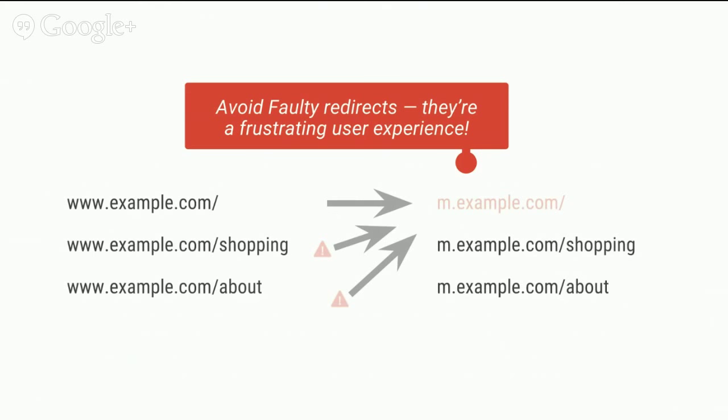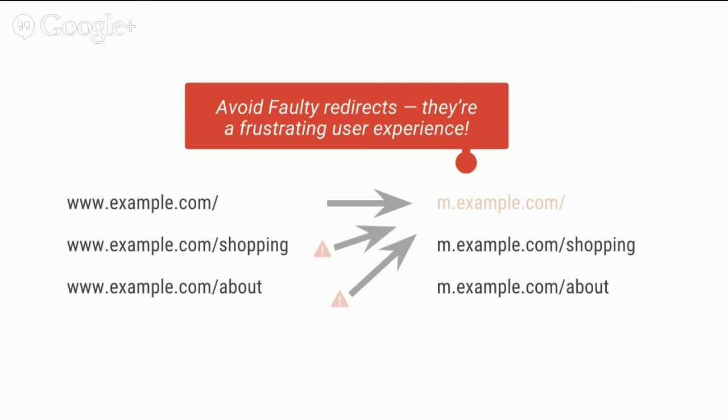Now, the other thing you have to watch out for is avoiding faulty redirects, because they're supremely frustrating for users. And you've probably encountered this, where you go to, let's say, an example website. You land on the shopping page of it through search results. You go to that page, you land on it, and then it redirects you to a mobile version, but not the mobile version of the shopping page, but the mobile version of the landing page.